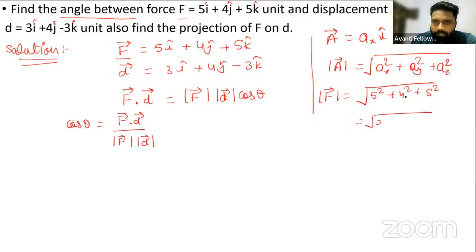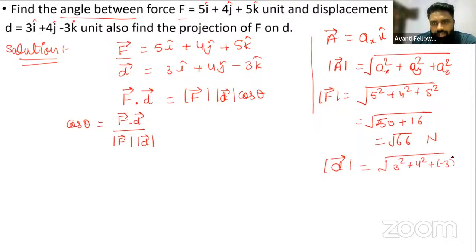It is 25 plus 25, 50 plus 16, which is 66. Square root of 66 Newton. Now the magnitude of the displacement vector is 3 square plus 4 square plus minus 3 square. This minus plays no role because it comes under the square, so it will become positive. So we have 9 plus 16 plus 9.